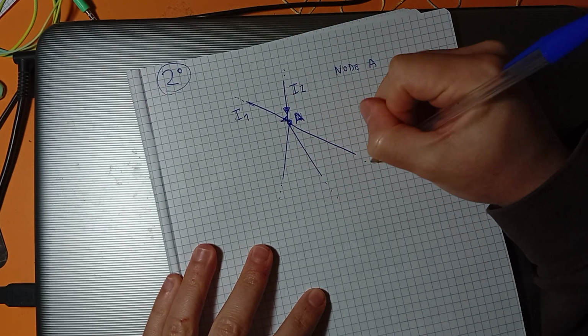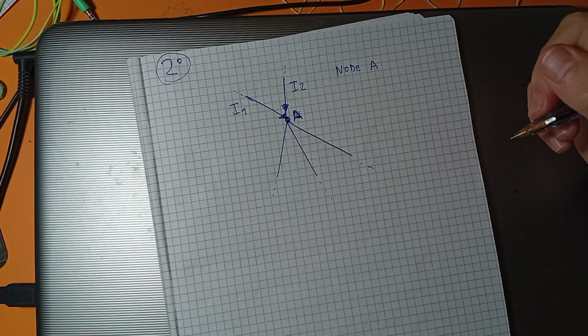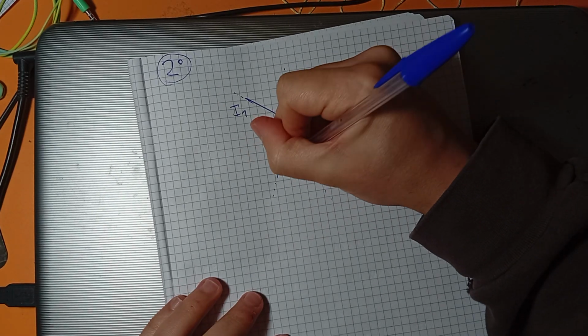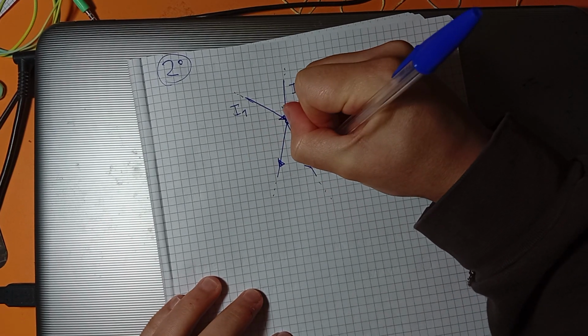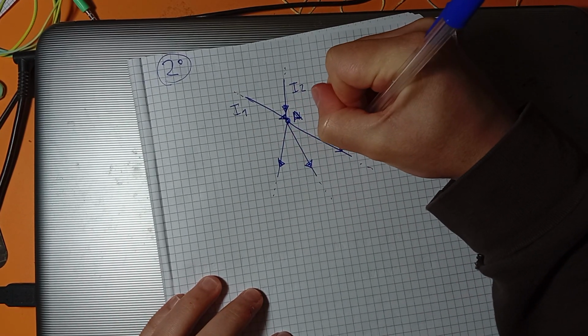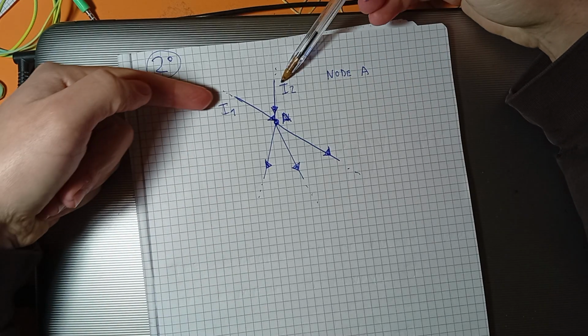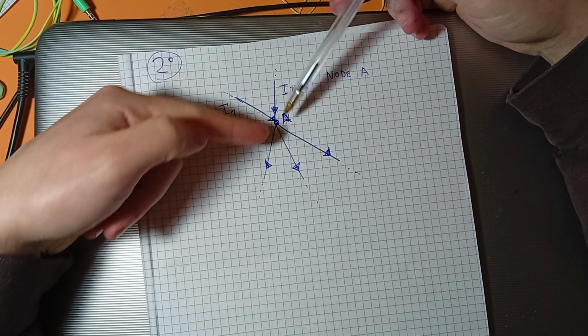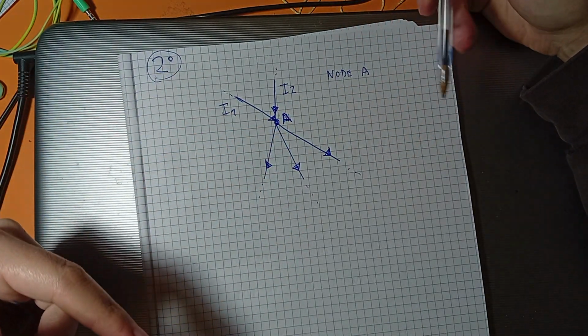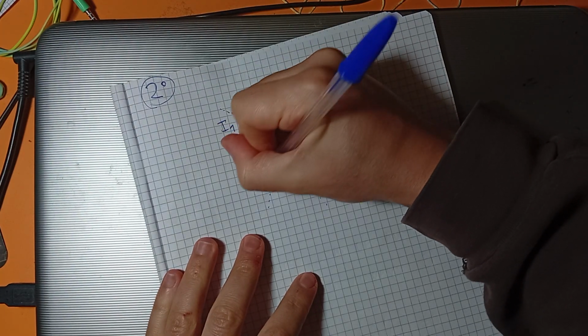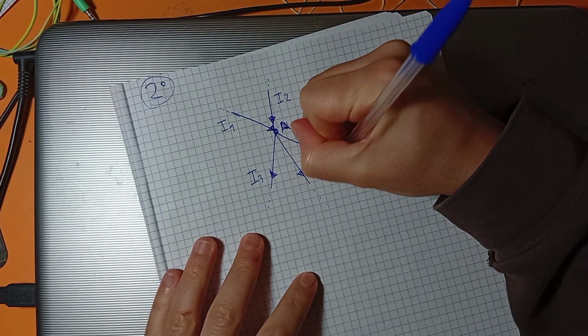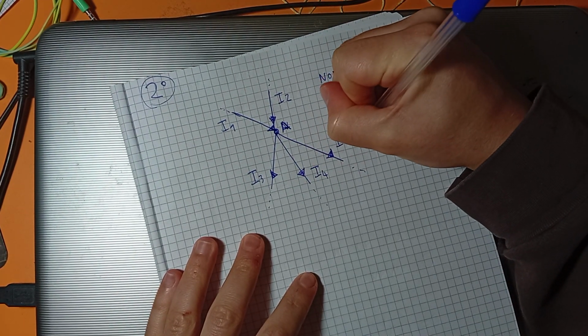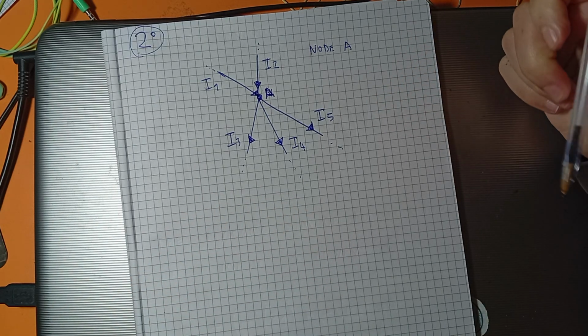In each cable there is a current. So I have these two currents going into this node and three currents coming out from this node: I3, I4 and I5.